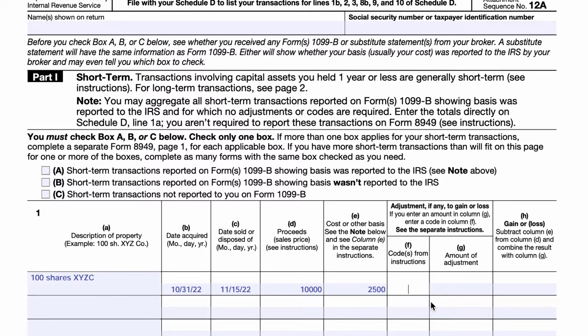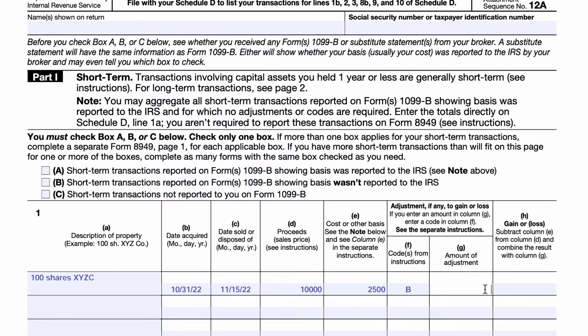So if there are adjustments that you need to make, you can refer to the form instructions for the different codes that you may need to apply, as well as any adjustments. And there's a specific section in your Form 8949 instructions, how to complete Form 8949 columns F and G. So for example, if you received a 1099 statement and the basis is incorrect, then you would use code B, and then you would manually make the adjustment.